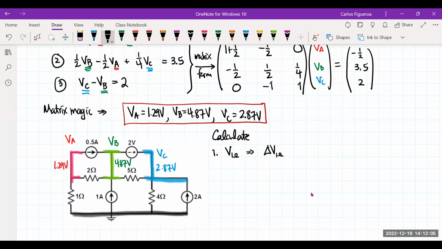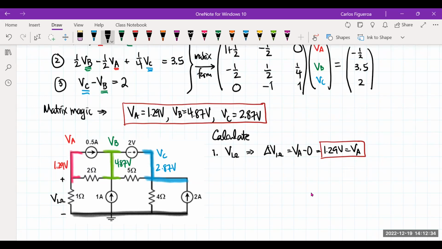You can see here that from here to here is the voltage of the 1 ohm. So it has to be VA minus the ground, which gives us 1.29 volts. So we now know what that voltage is. It's just one of the node voltages.